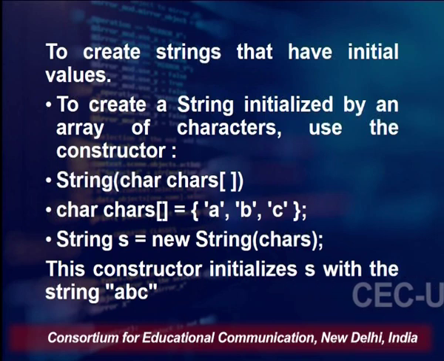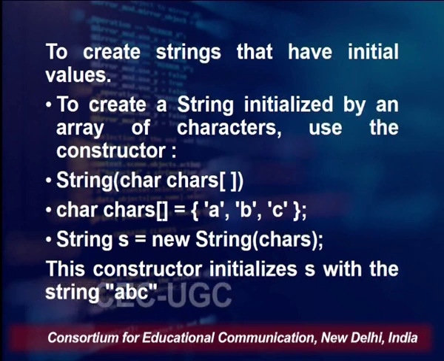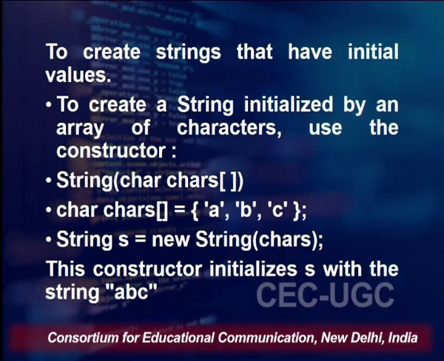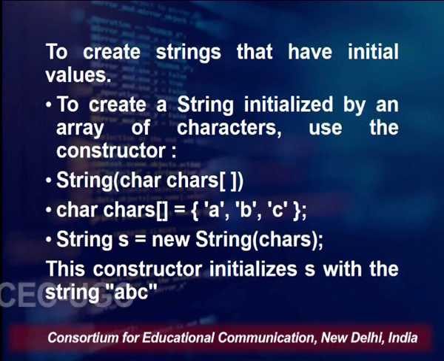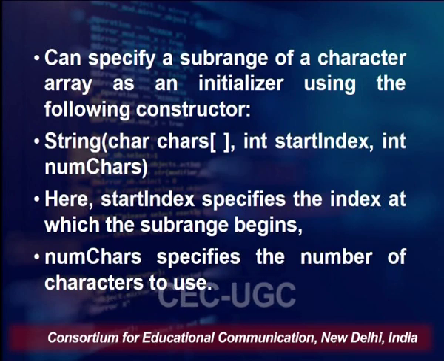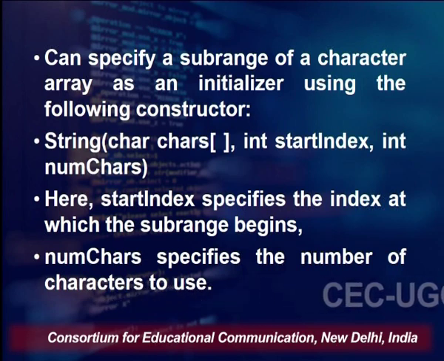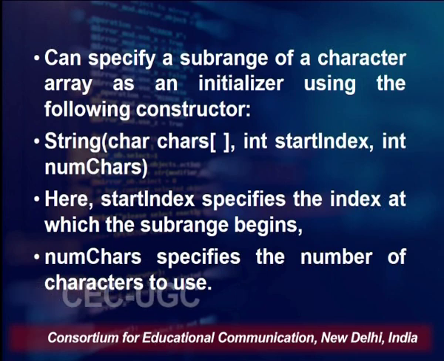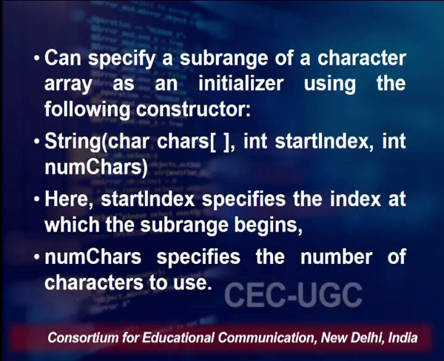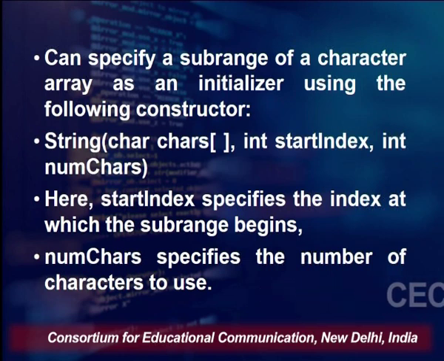One is string s is equal to new String with blank parenthesis, that is calling the default constructor. Here we are calling the constructor by passing the character array in it. Also, one more way of creating strings is that we can specify a sub range of a character array as an initializer, and the constructor name will be String, but here it has some parameters.